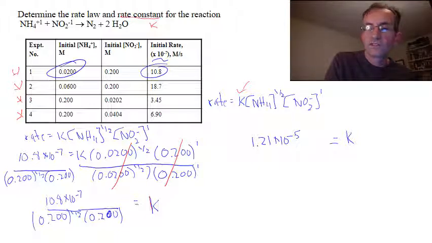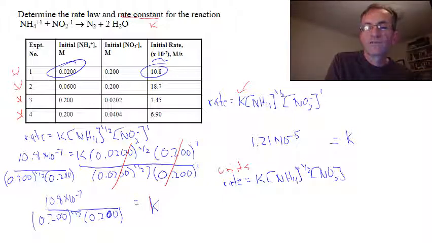So for the units, I know that on the right-hand side of the equation, let me rewrite it. Rate equals K times the amount of ammonium to the half power and nitrite to the first power.